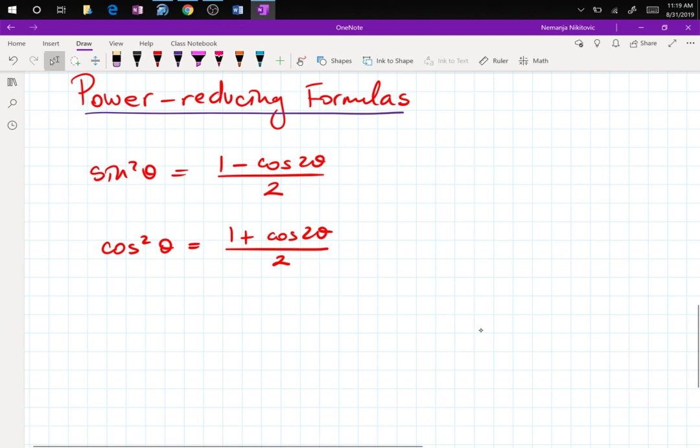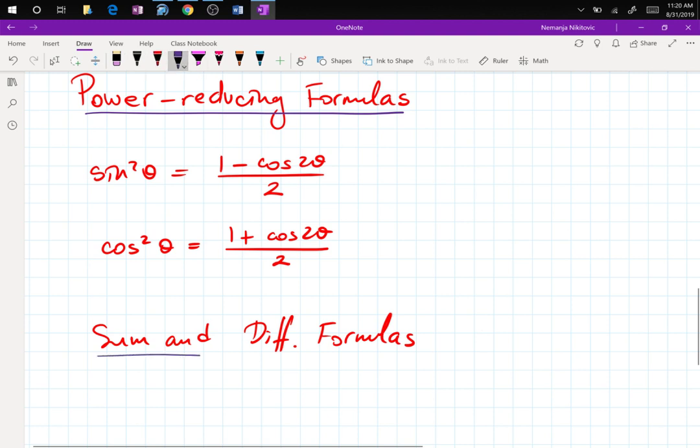What's left are 2 more formulas and we are done with the trig prereq. Those are sum and difference formulas. They're a little bit lesser importance than these ones, but power reducing are absolutely a must.